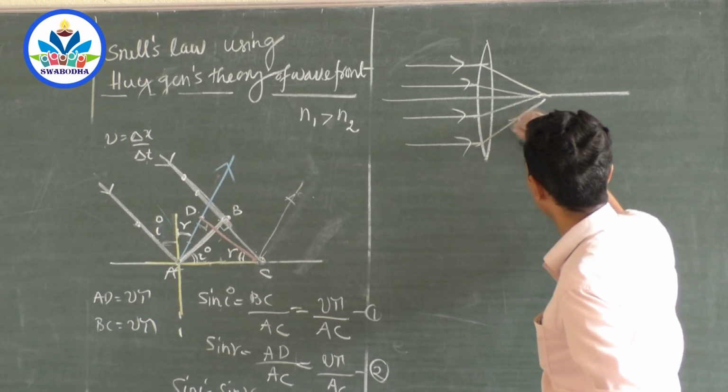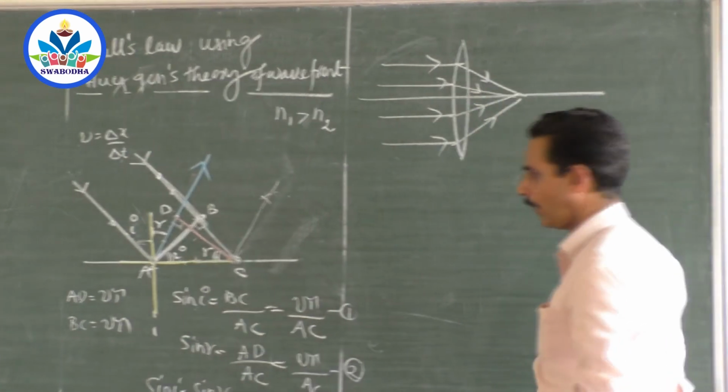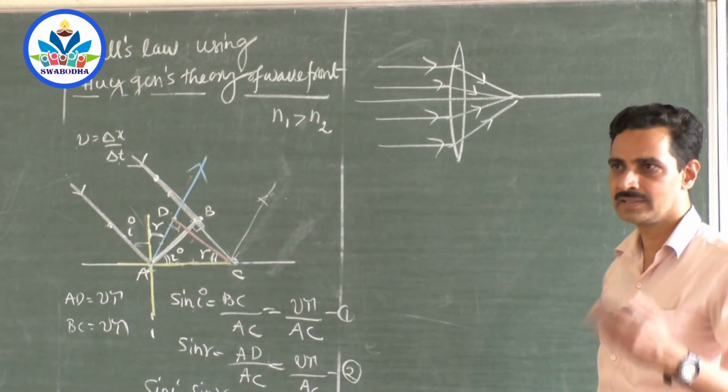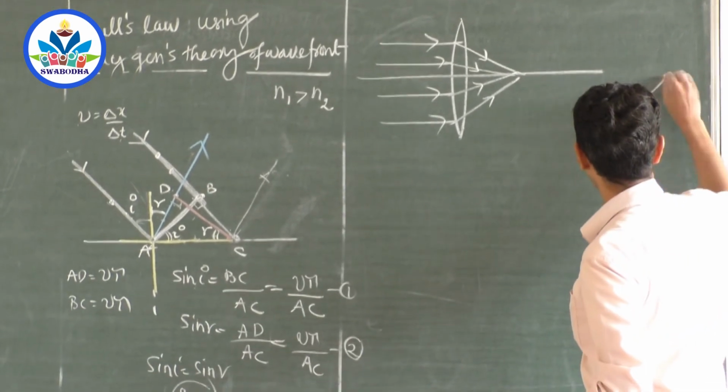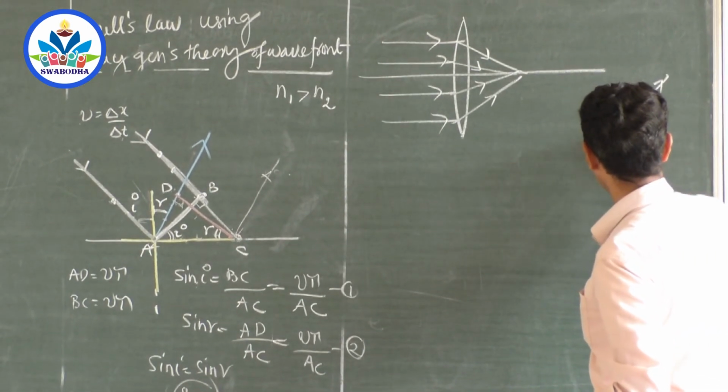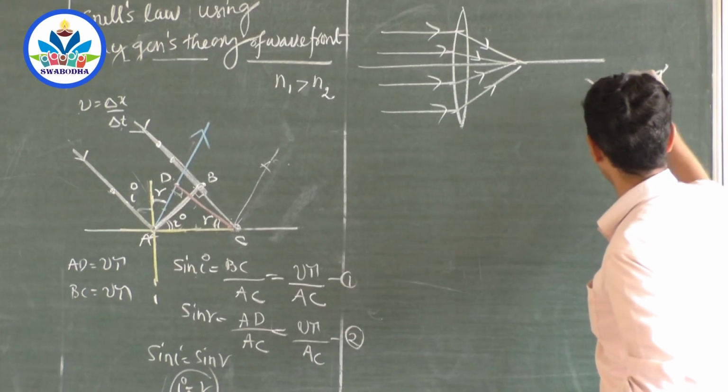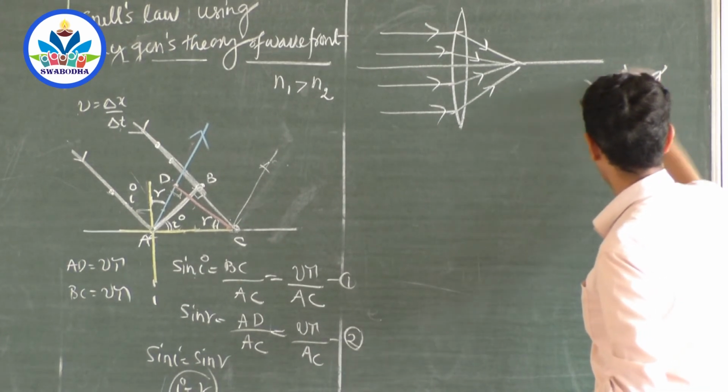And you know that any point source of light emits diverging rays, right? So what is the wavefront emitted by it? It is a spherical wavefront.